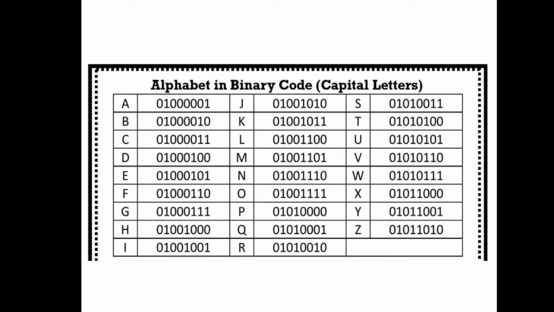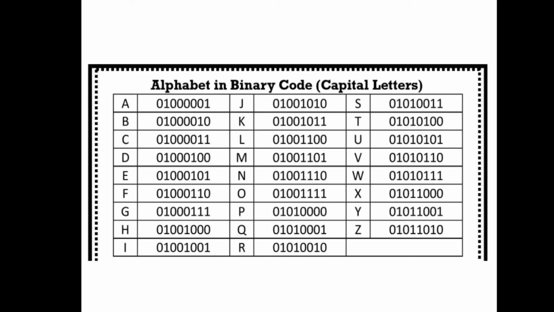If you are pressing B, then what is it taking? 01000010. So this is how I can explain it to you: you are pressing alphabets, hashtags, at the rate, special characters and all, but internally the computer is taking only 0 or 1.